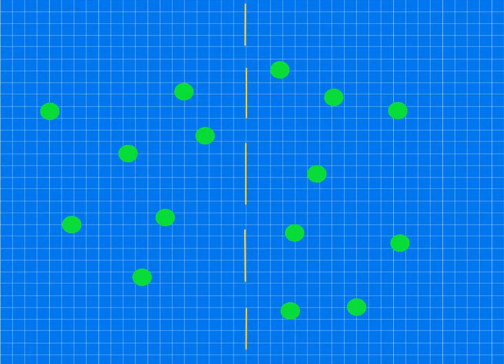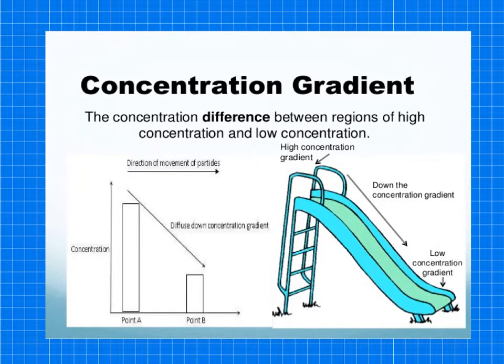The speed of diffusion, or the rate of diffusion, can be controlled by three main factors that we're going to look at next. The first factor to affect the rate of diffusion is the concentration gradient. If there's a big difference in concentration between two areas, diffusion will take place quickly. In this diagram I'm depicting the concentration gradient like a slide.